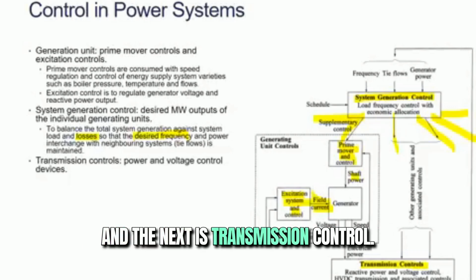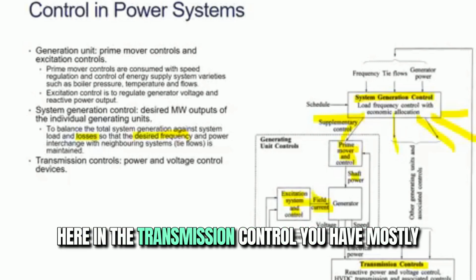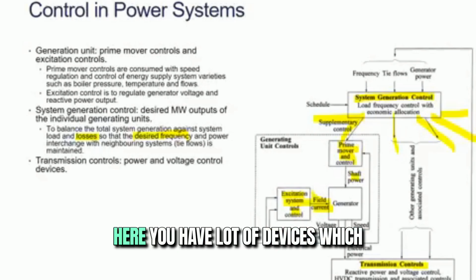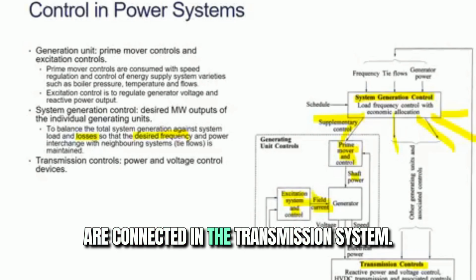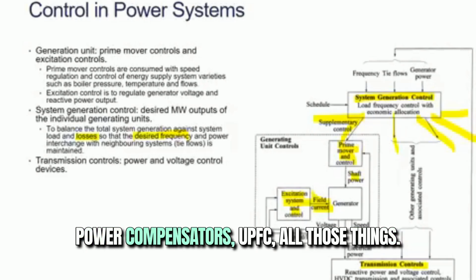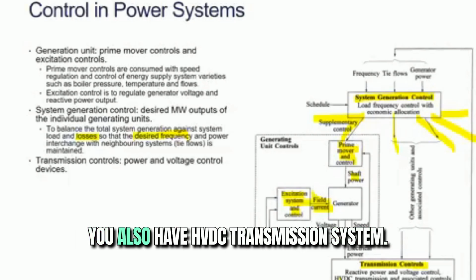And the next is transmission control. Here in the transmission control, you have mostly the reactive power and the voltage control. You have a lot of devices connected in the transmission system, for example capacitor banks, reactor banks, static power compensators, UPFC, all those things. You also have the HVDC transmission system.